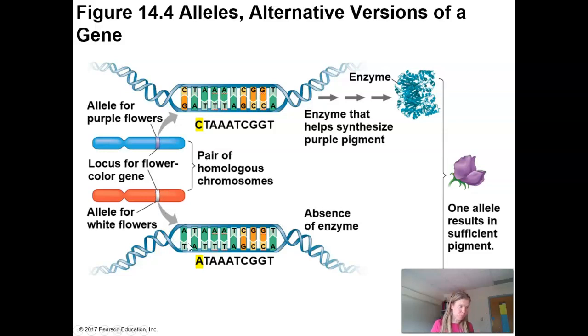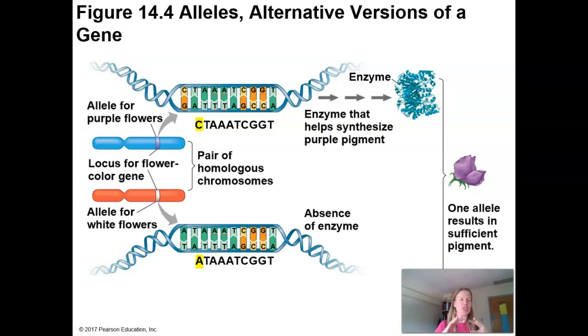And notice they're even going down to showing you at the DNA level. This can be as simple as a single change in the nucleic acid, having a C instead of an A in your DNA code might determine whether or not you produce a protein. Here we have an enzyme that's going to give us this purple pigmentation.